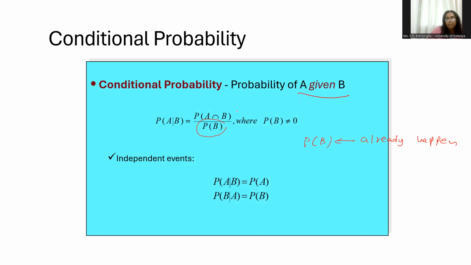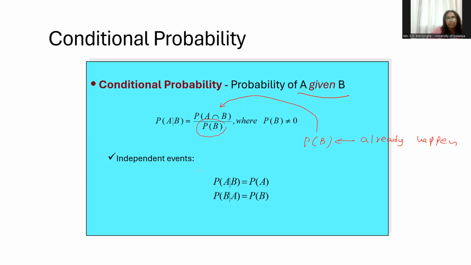This is called A given B. We need to find the intersection, the probability of A intersect with B, where P(B) is not equal to 0. This is how we can find conditional probabilities.